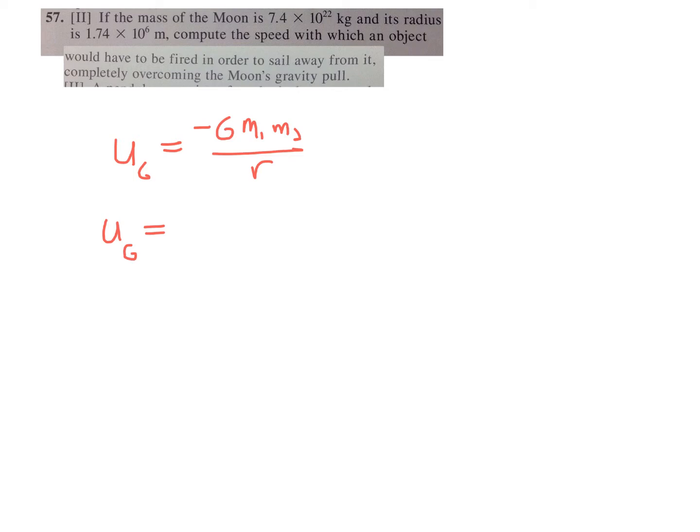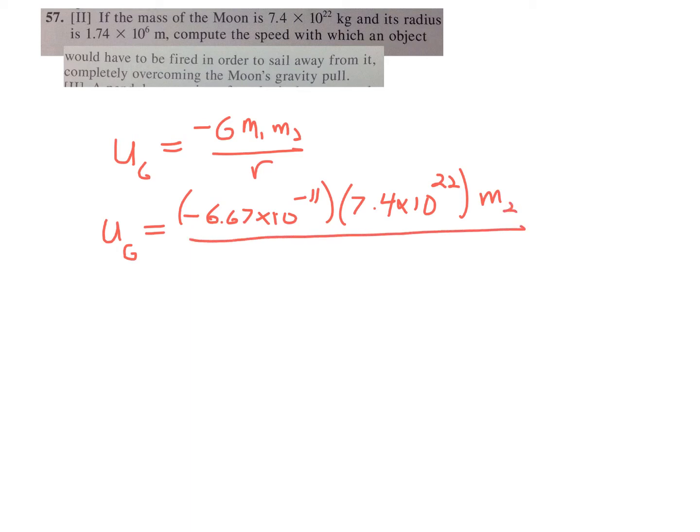But once again here, you're going to have negative G, which is negative 6.67 times 10 to the negative 11th, times the mass of the moon, 7.4 times 10 to the 22. I'm going to call this m sub 2, then I'm just going to leave it in there, divided by the radius of the moon, 1.74 times 10 to the 6th.